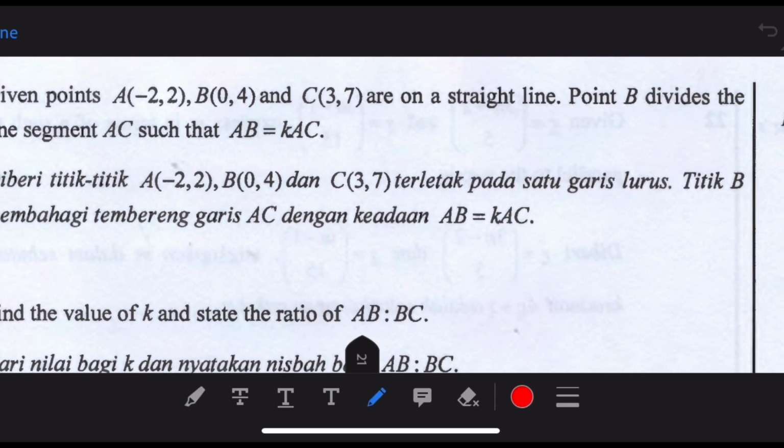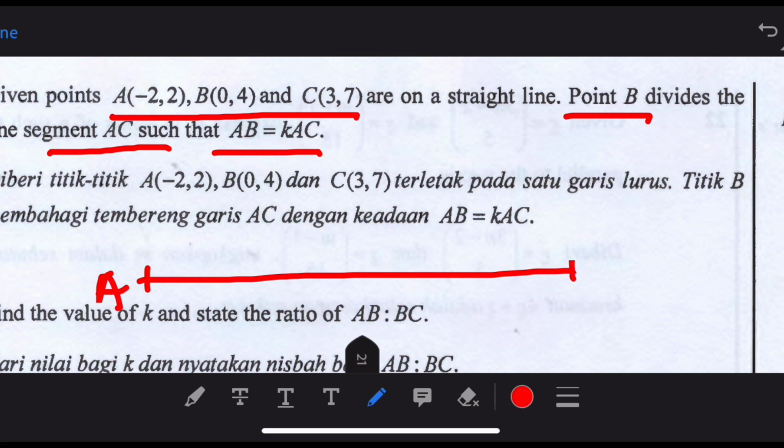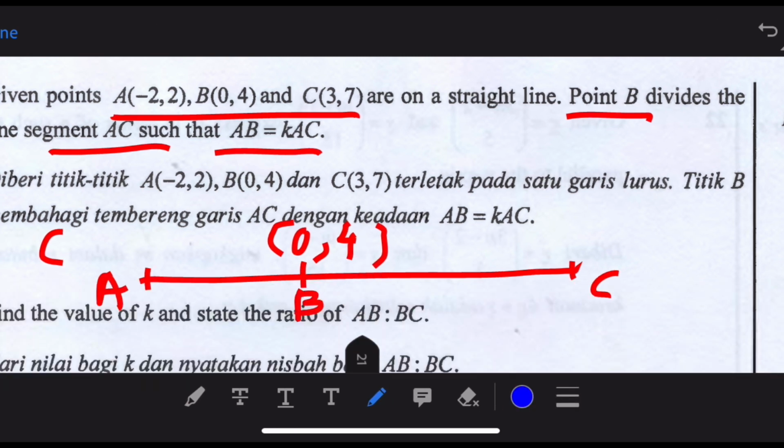And then the next question that I would like to discuss with you is the ratio theorem. When you see the 3 points A, B, and C given, and point B divides the line segment internally with the ratio AB equal to k AC, I suggest you draw a straight line and label the points accordingly.